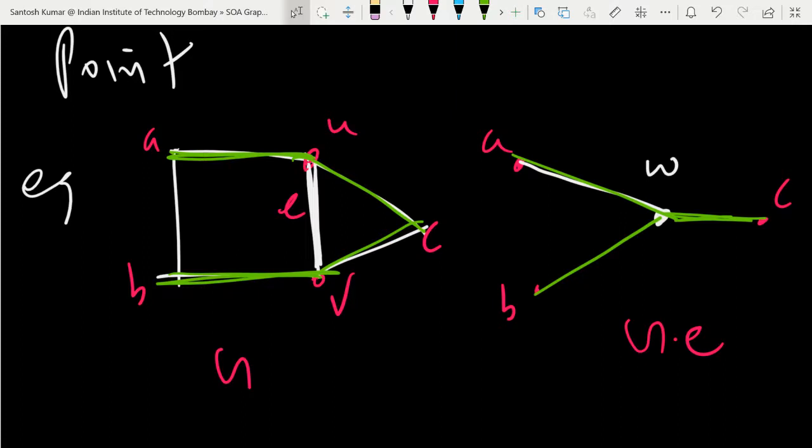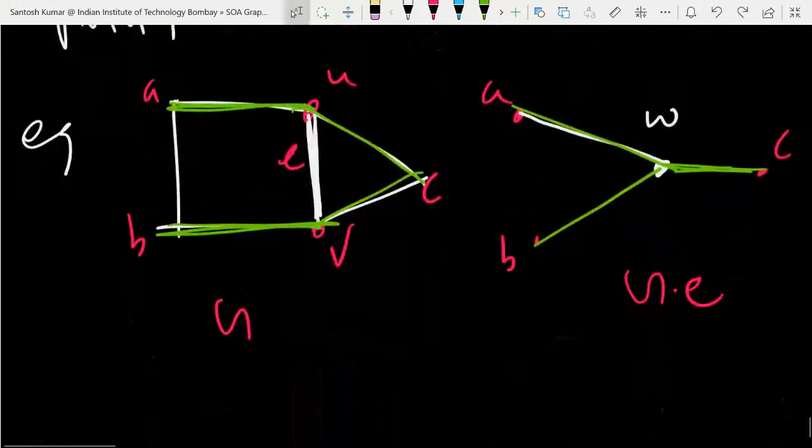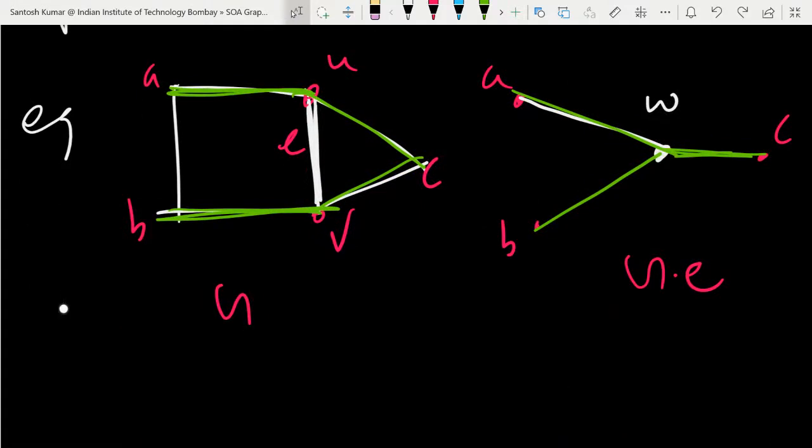We ignore the multiple edges, no problem, that will work. For proper counting, we don't care about the multiple edges.